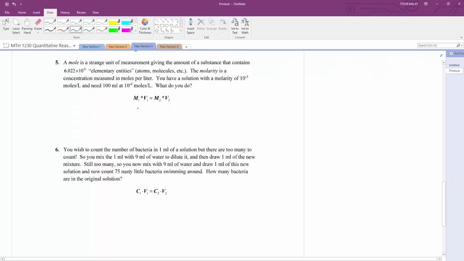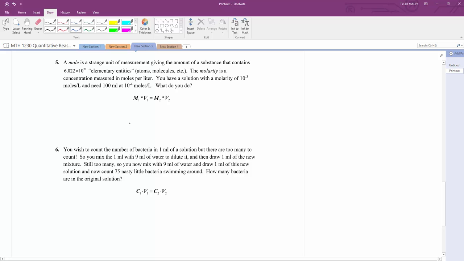So then we go down to number 5. Something very similar. We have M, which is molarity, and V would be my volume. It says we have a solution with molarity of 10 to the negative 3 moles per liter.